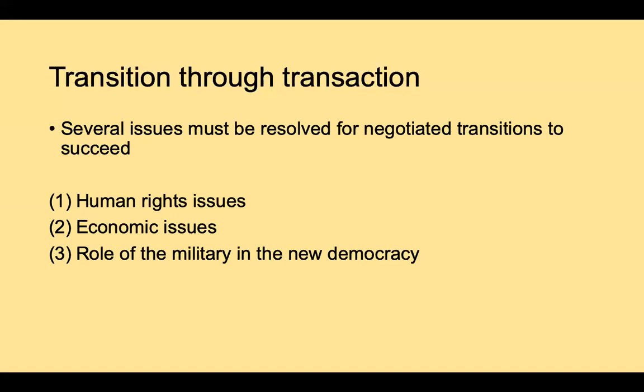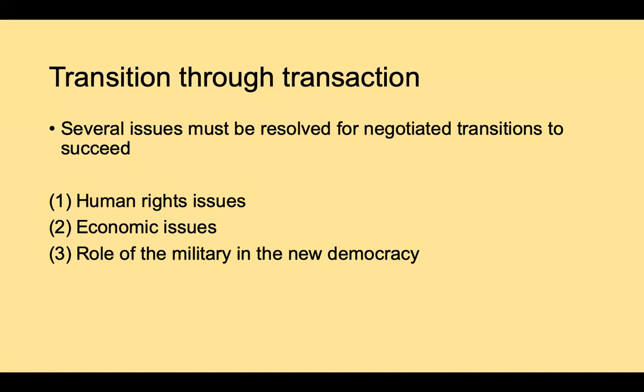They won't be prosecuted for the abuses that they committed while they were in power during the authoritarian regime. The economic issues often relate to creating certain guarantees that will ensure certain budgets or certain kinds of economic institutions or policies in the country under the new democracy.